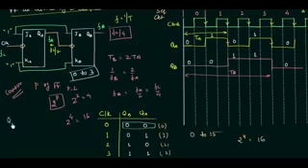Let's say if they were QD, QC, QB and QA, it will start from 0 0 0 0 all the way to 1 1 1 1, and by knowing these outputs we can know how many clock pulses have elapsed. I will not explain anything more about this counter because it may be confusing to you right now.